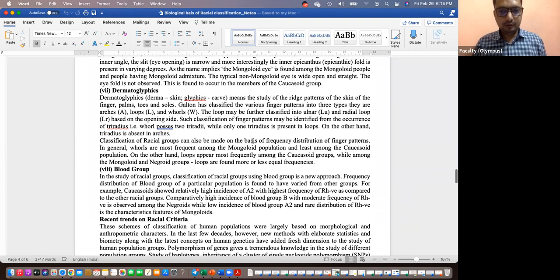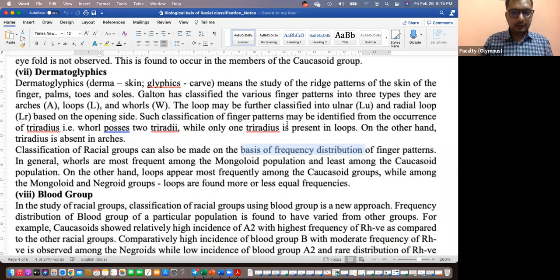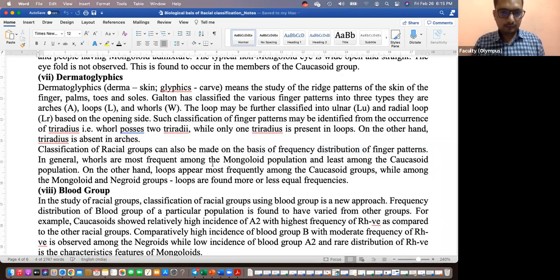Briefly talked about how the frequency distribution of a finger pattern can be seen here. Whorls are more common in the Mongoloid population and least common in Caucasoids. Factual data you can read from this handout. So more common in Mongoloids and less common in Caucasoids.